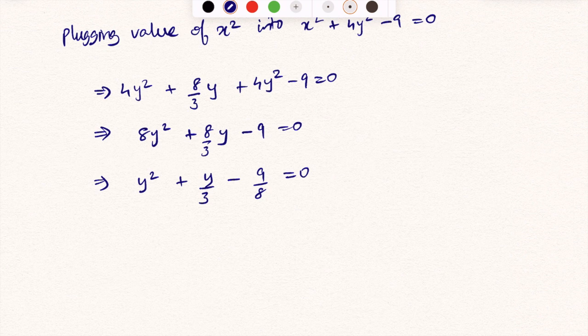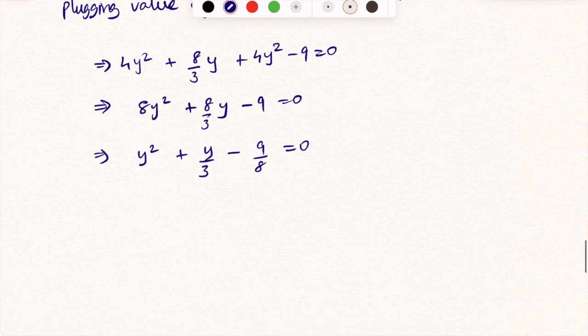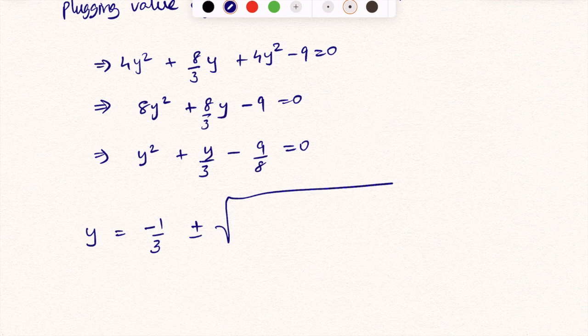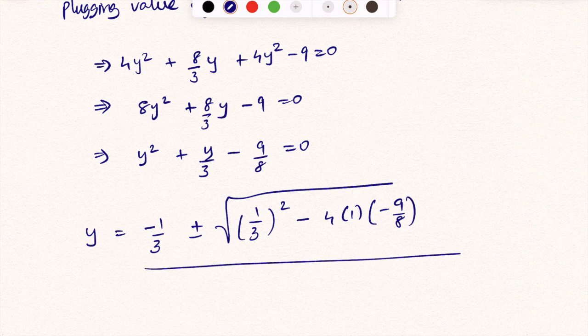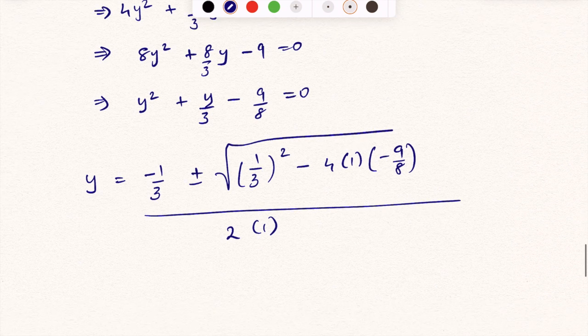At this point, I'm going to use the quadratic formula to solve for values of y. So y is equal to minus b, so minus 1/3 plus or minus the square root of the discriminant, which is b squared minus 4ac, so 1 over 3 whole squared minus 4 times a, which is 1, times c, which is minus 9 over 8, divided by 2a, which is 2 times 1.